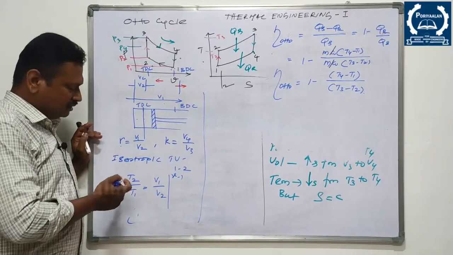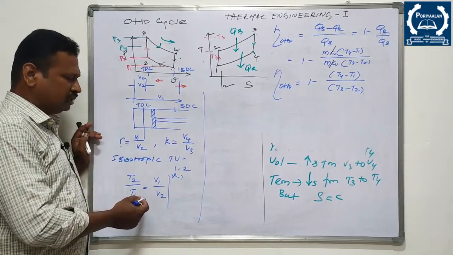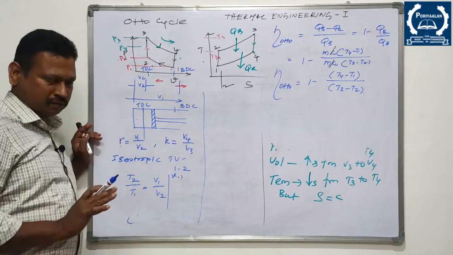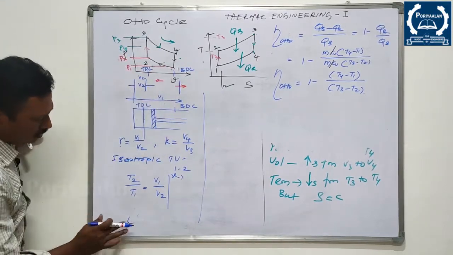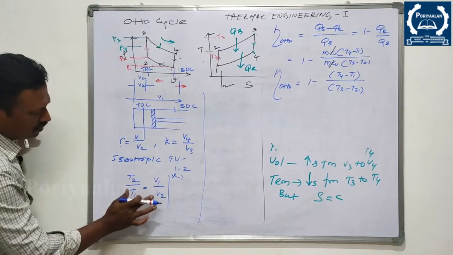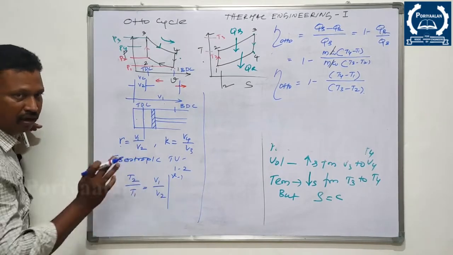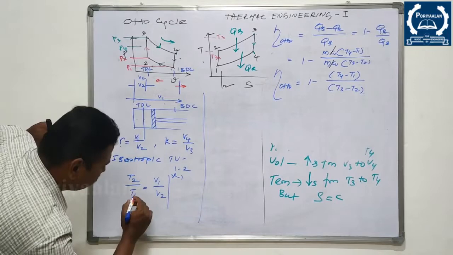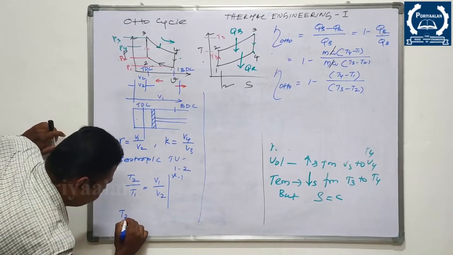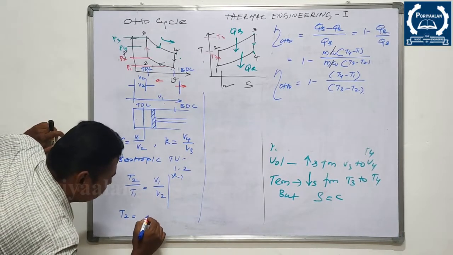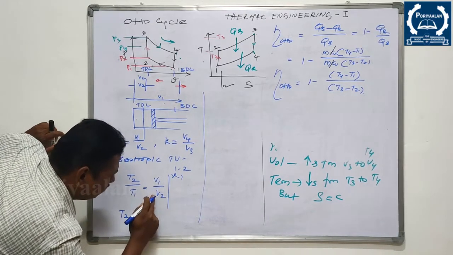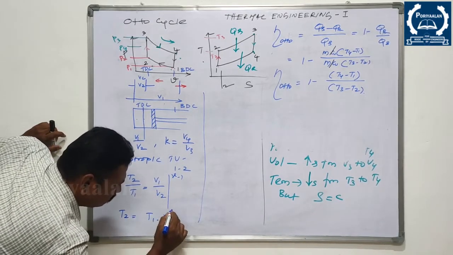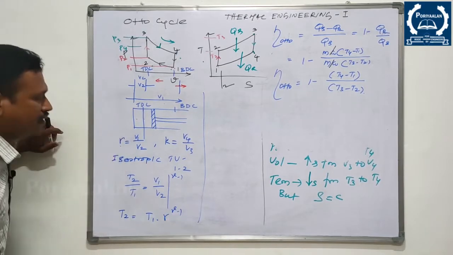This is the temperature-volume relation for an isentropic process, particularly for the process 1 to 2. So T2 is T1 multiplied by V1 by V2, which is R to the power gamma minus 1, right?